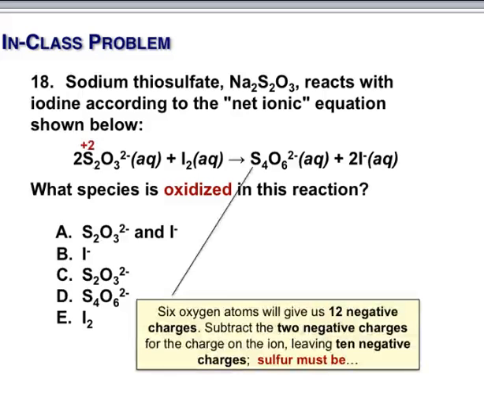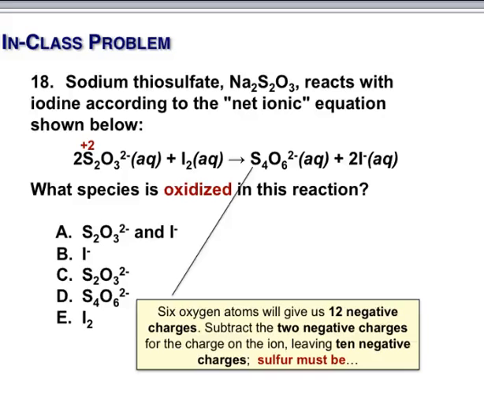Take this guy, S4O6 2 minus. Do the same operation. I have it in words down there. What is the oxidation number of the sulfur? Well, how many negatives do we have total? 12 total.